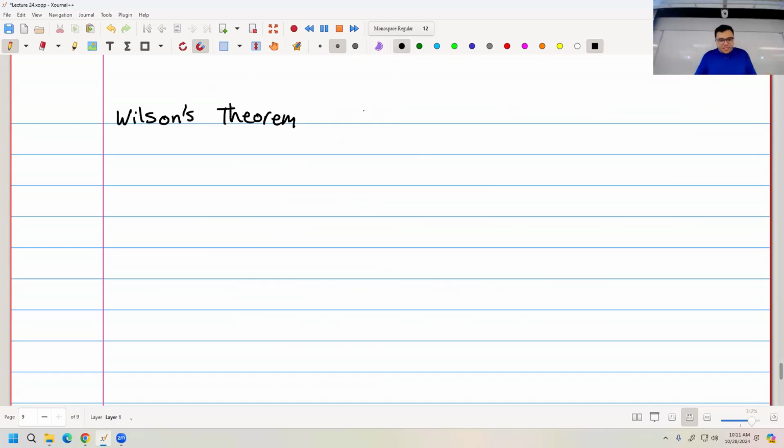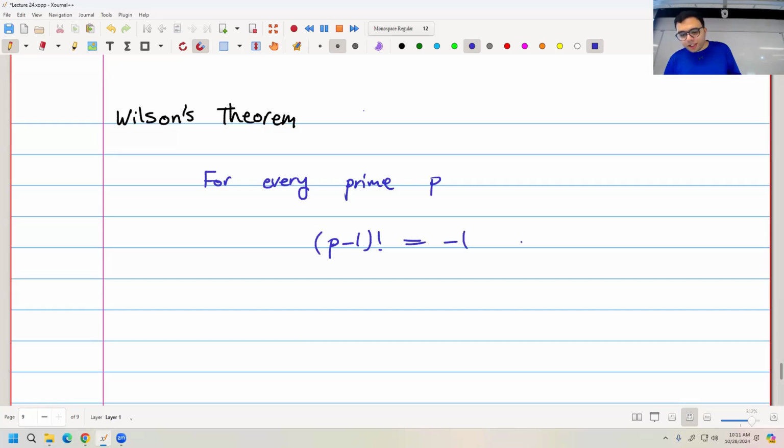But of course, the British have to take credit for everything, even if the French proved it. So it's called Wilson's theorem now. So it's this: for every prime number P, P minus 1 factorial is congruent to minus 1 modulo P.